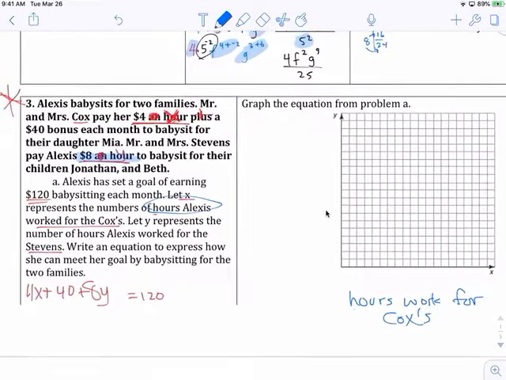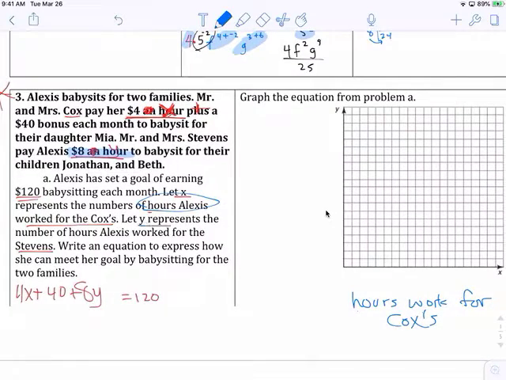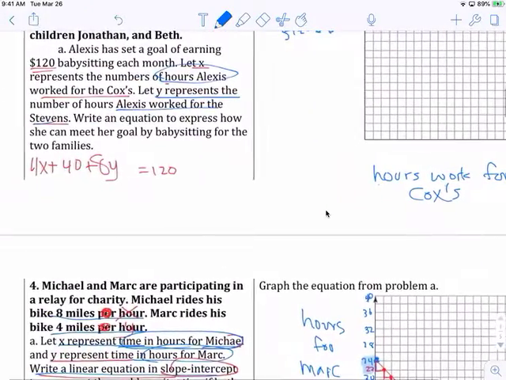Y represents the hours Alexis worked for the Stephen. Okay, and then I'm going to use x and y-intercept to graph this.